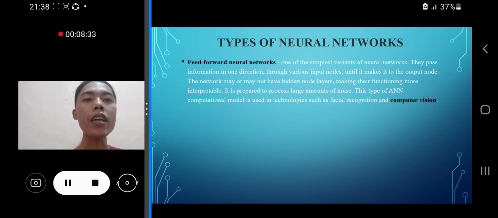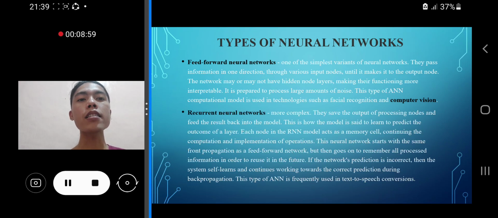The network may or may not have hidden node layers, making their functioning more interpretable. It is prepared to process large amounts of noise. This type of ANN, or artificial neural network computational model, is used in technologies such as facial recognition and computer vision.